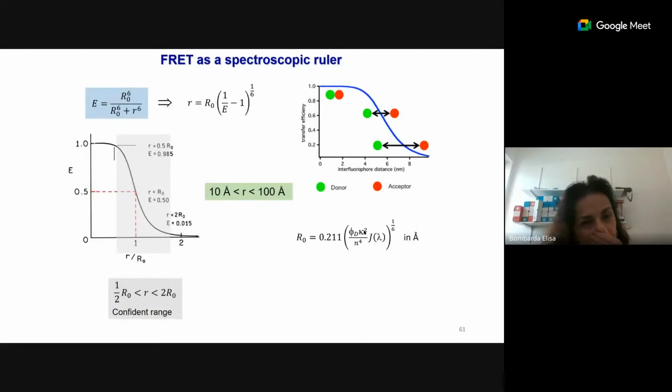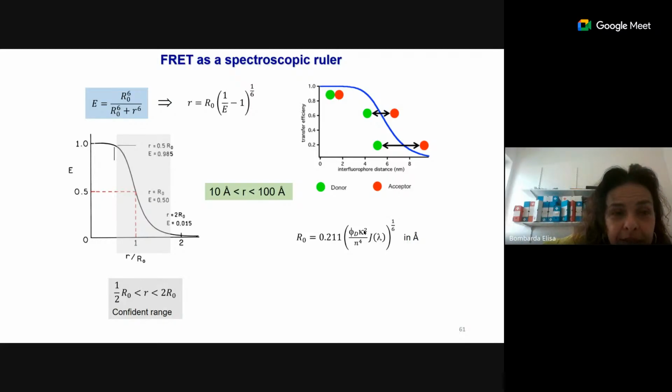Yes, okay, good. Let's come to some important consequences of measuring FRET. One practical reason why we do FRET experiments is exactly this distance dependence. As we said, as soon as we can measure spectroscopically the efficiency of transfer, as we show, we have information about the distance.